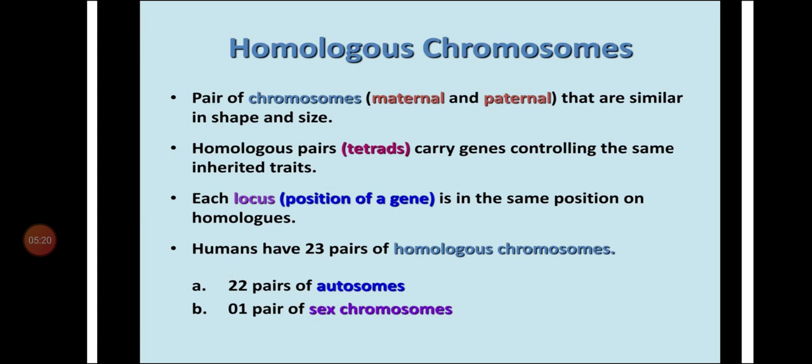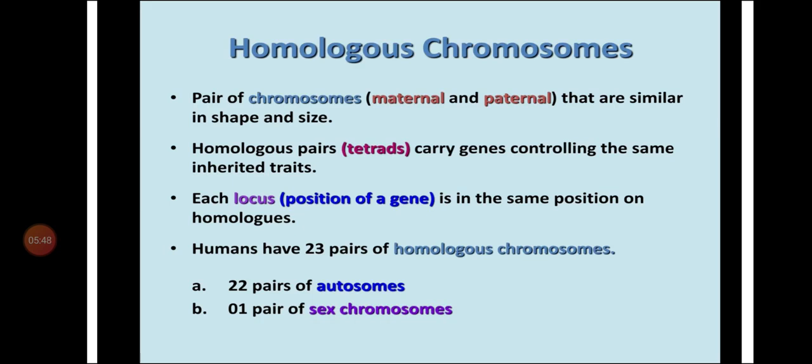Autosomes are the pairs of chromosomes that are responsible for the body characters other than sex-linked traits, that is, other than the sex chromosomes.